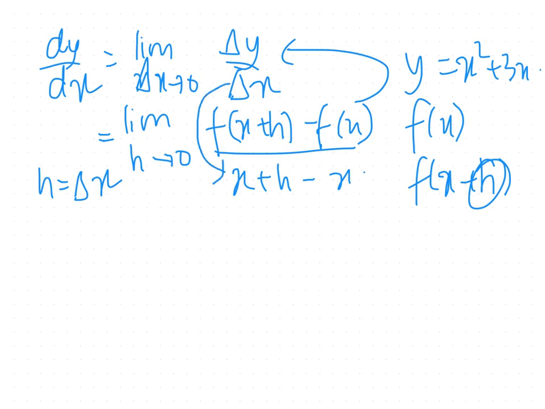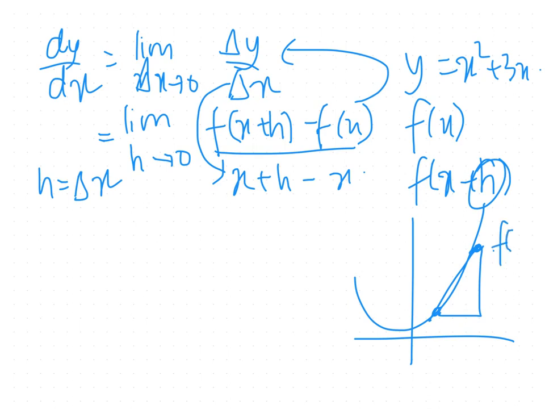Delta y means the difference between the y values, so f of x plus h minus f of x. If you see the curve like this, for example here and here, this is f of x plus h, this is f of x, this is x plus h, and this is x. Now, in the context of the function, let me change the color.